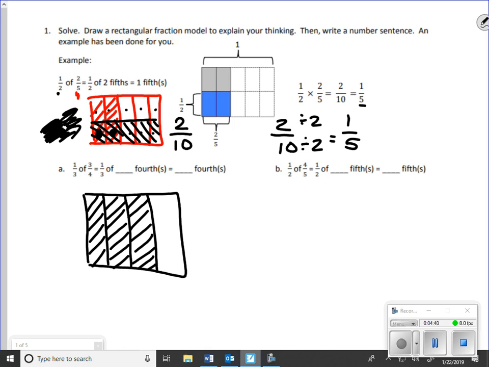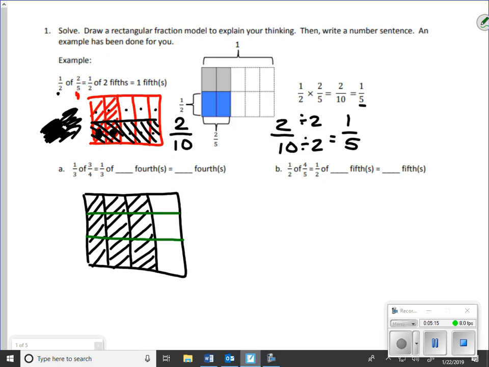You going to do this too? This is 8. So 1/3 of 3/4. How many sections are we going to have going this way? 3. It's not always going to be a half. So 1, 2, and 3. Now I've got 1, 2, 3 sections going the opposite direction.